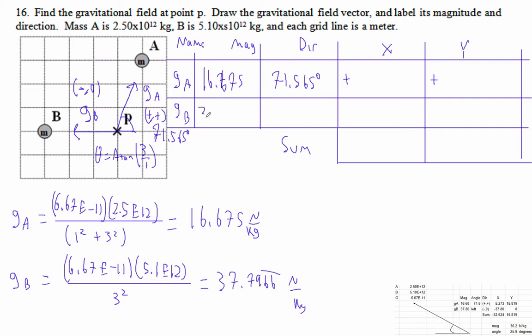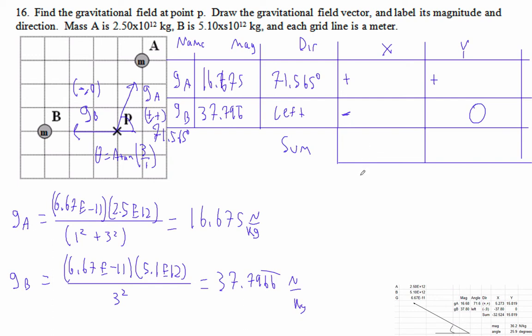And then B is 37.796 bar, and it is just to the left, okay? Because if you're here, it's going to be straight that way, right? So this is going to be negative x and 0. No y. There will be no y component for that.